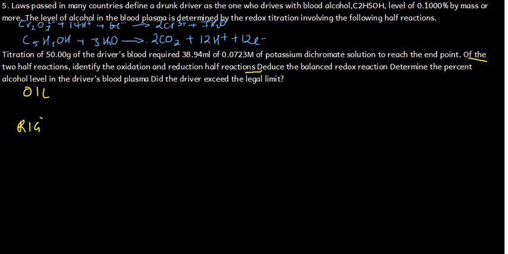Whenever we see electrons on the part of the reactants, that means they've been gained, and that's reduction. So the first half reaction is reduction. And when we see electrons on the products, that means they've been lost, and losing electrons is oxidation. So the second half reaction is oxidation.